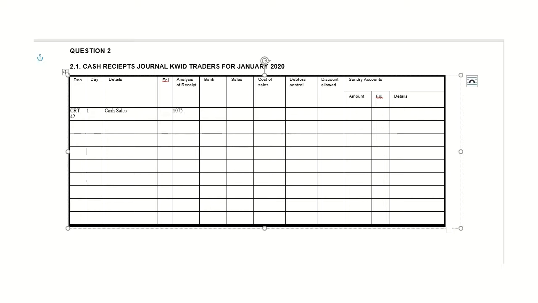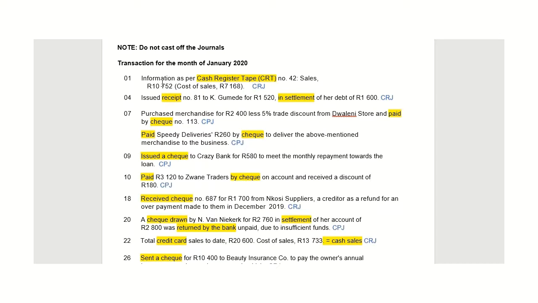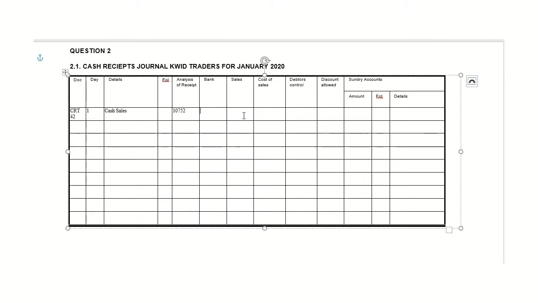So I'll put in under analysis 10,752. The next column is the bank column. I must just make sure if there's no other receipts on that day. So the first, it was only this transaction. So it's only this one item that was received. So I can put in the total for the day, 10,752.